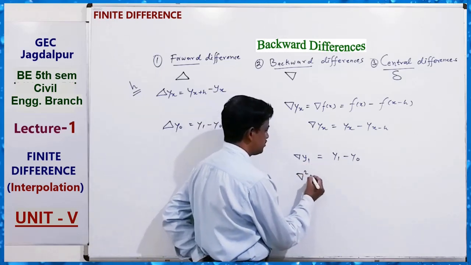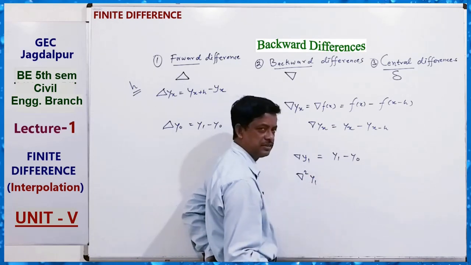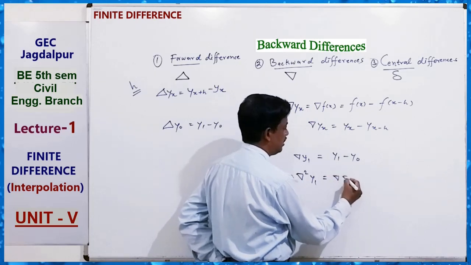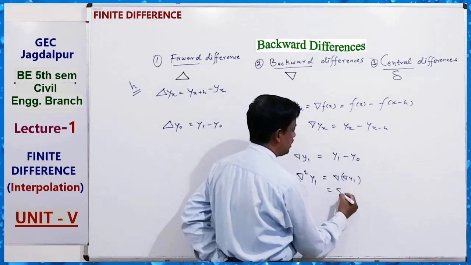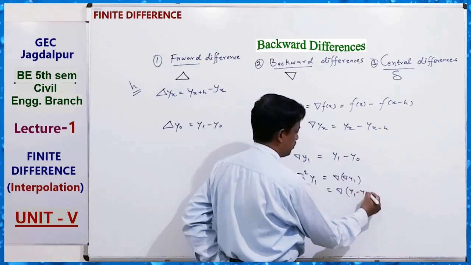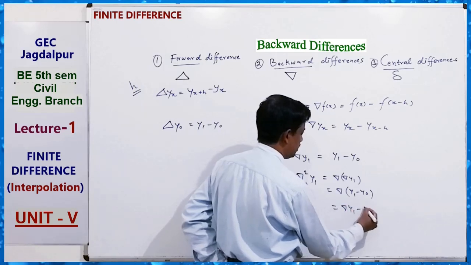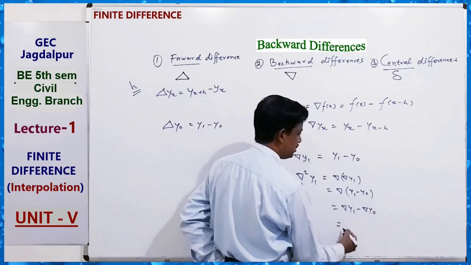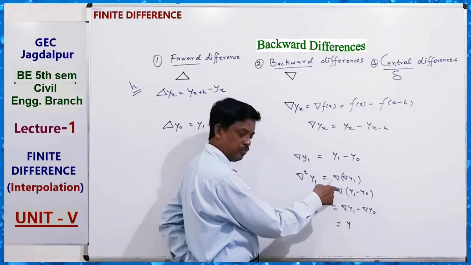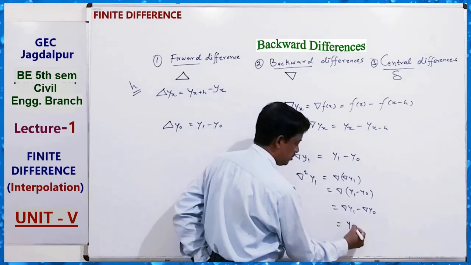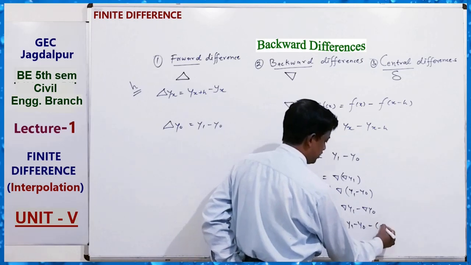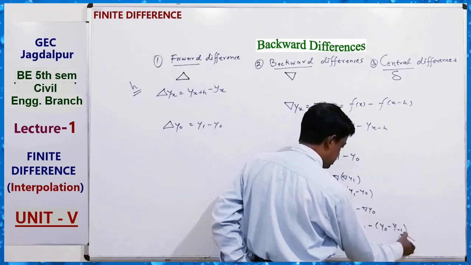Similarly, we can find the second order backward difference. ∇²y1 means ∇ of ∇y1, where ∇y1 is y1 minus y0. This is distributed: ∇y1 minus ∇y0. Now you can solve it. From y1, y0 is subtracted, and from y0, y minus 1 is subtracted.